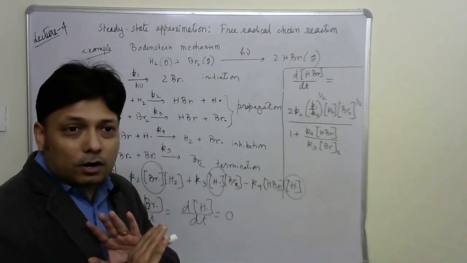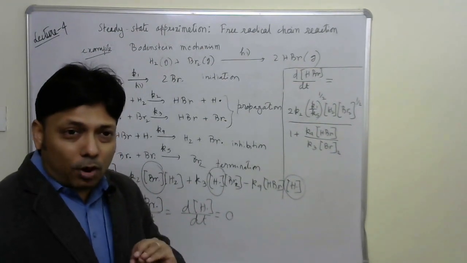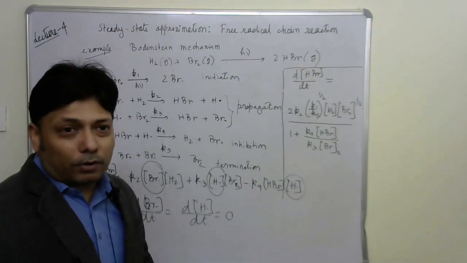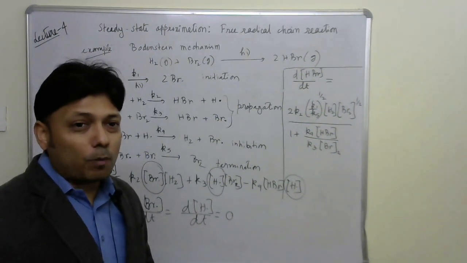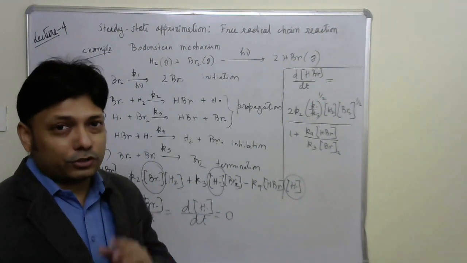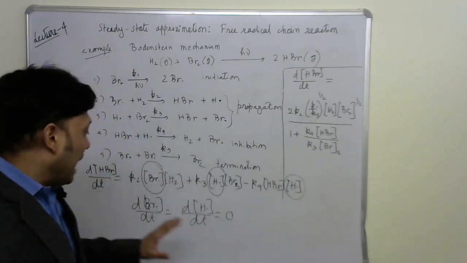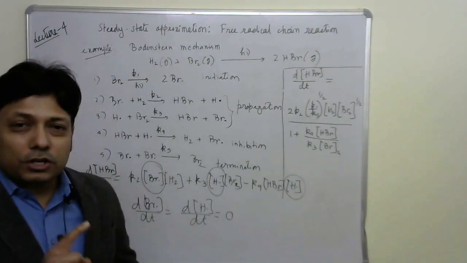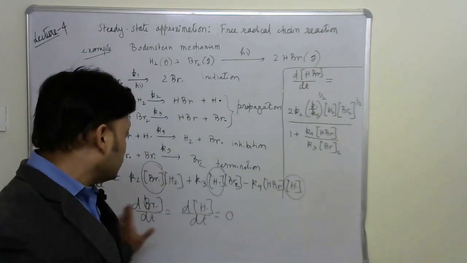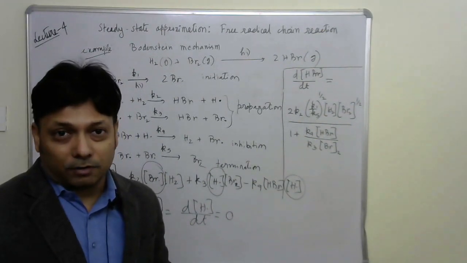No, for applying steady state approximation in this kind of reaction, we don't go by the rate constants, but by only two considerations. Please remember. Number one, at any time, the concentration of the intermediates is very small.